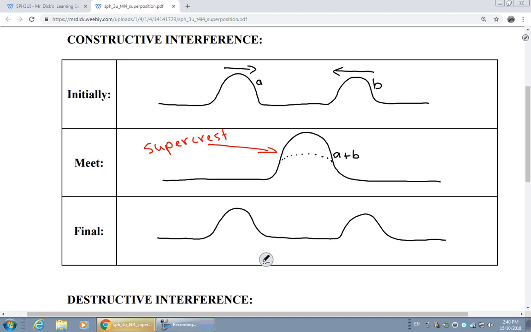So pulse B is now on the left side, continuing to move farther to the left. And pulse A is now on the right side, continuing on farther down the line to the right. And so they've passed through one another. There was a split second where they overlapped, and now they've continued on in the same direction. That's constructive interference because we've constructed or built something that was much larger than the separate amplitudes that comprised it.